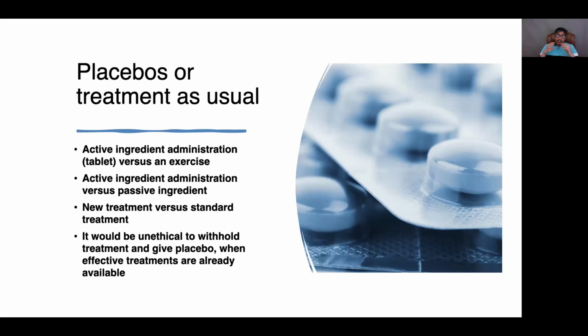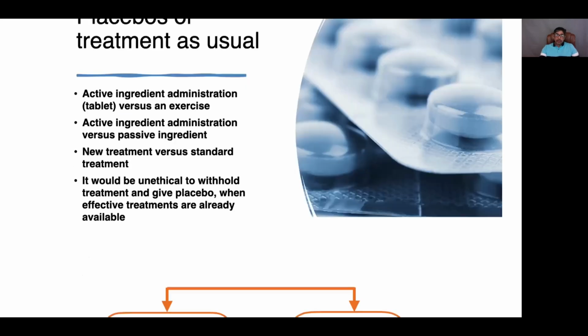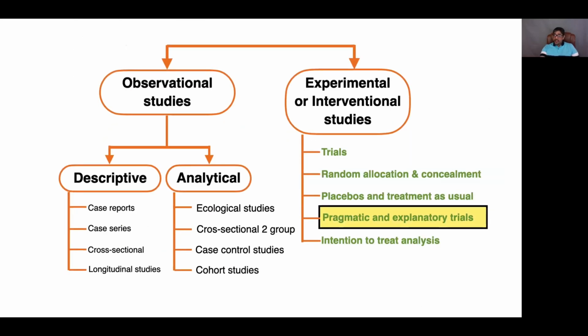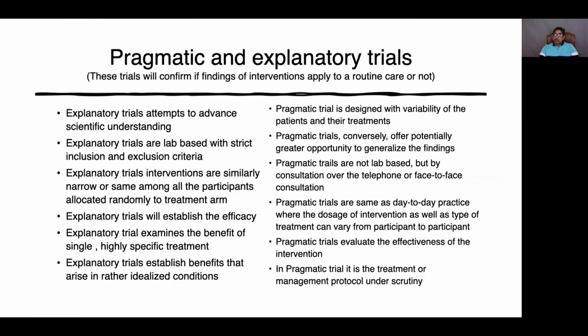If a standard treatment is available, it is unethical to withhold it from a patient who has a disease condition and needs treatment. Therefore, a protocol should be in place to identify those patients who definitely require treatment. That's where pragmatic or explanatory trials came into existence. Explanatory trials are to advance scientific understanding, and we design inclusion and exclusion criteria.